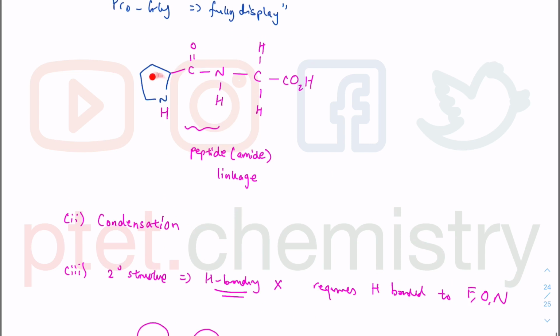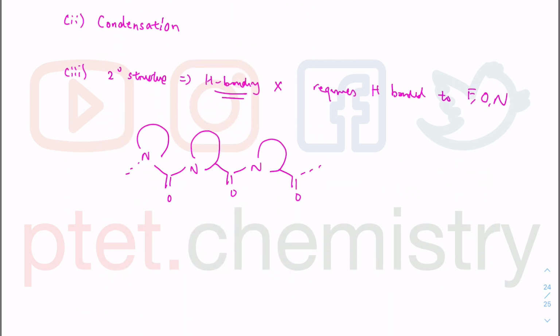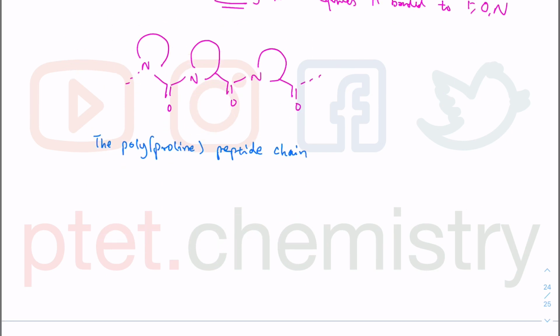Which means that unlike this one, where you still have the hydrogen bonded to the N because this was proline, now you have a polyproline peptide chain. So this is the AS level question, by the way, because it's about what is a hydrogen bond.